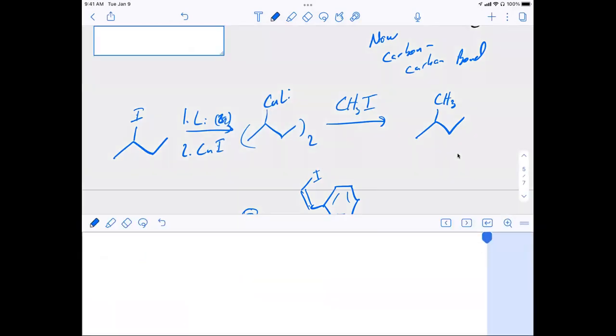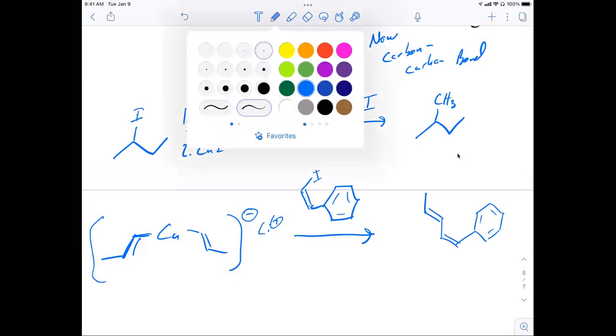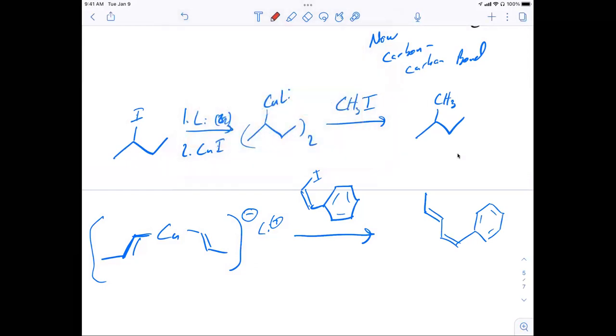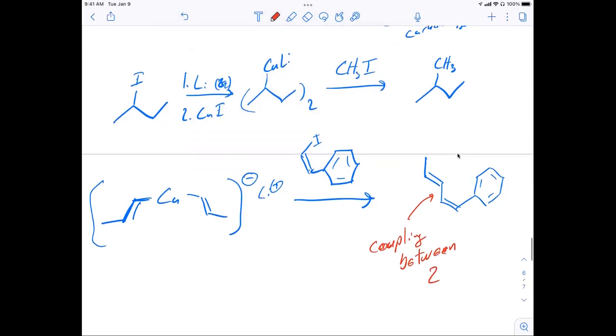And what I can do here is I can make a coupling between two sp2 carbons.